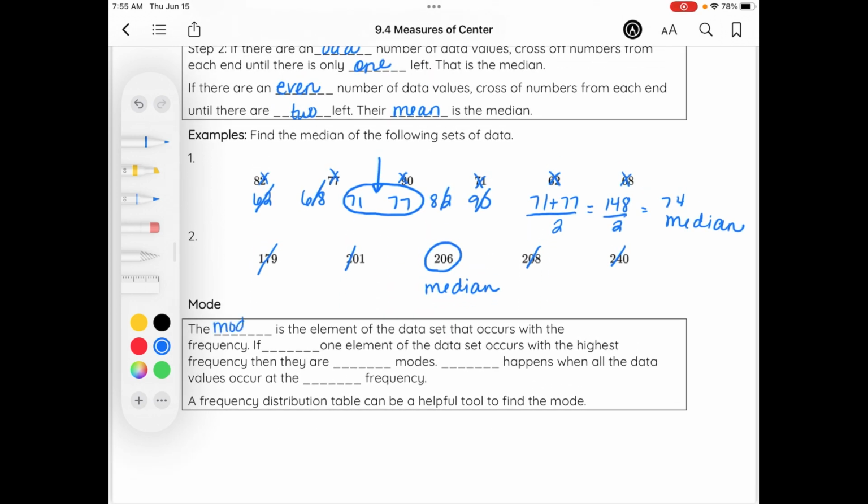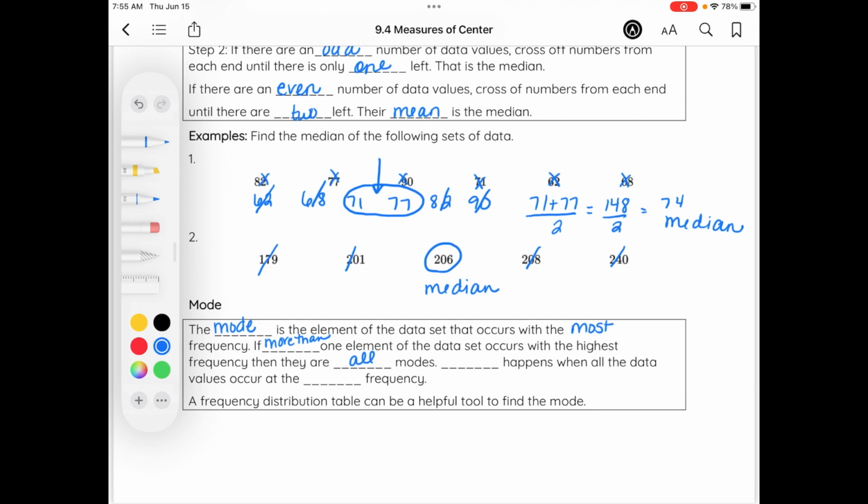The mode is the element of the data set that occurs with the most frequency. If more than one element of the data set occurs with the highest frequency, then they are all modes.